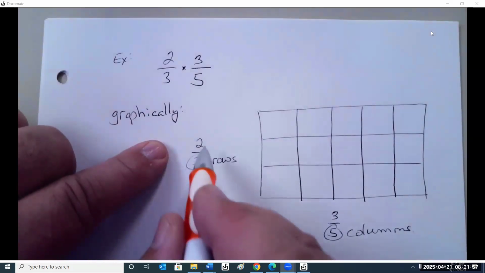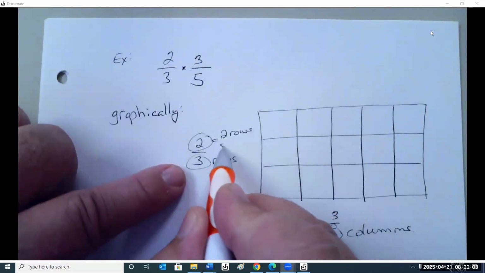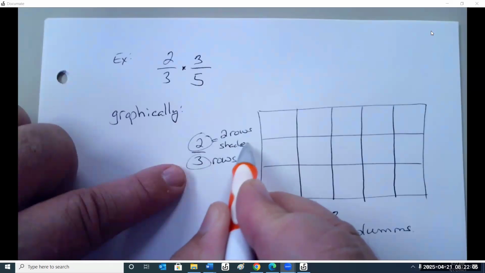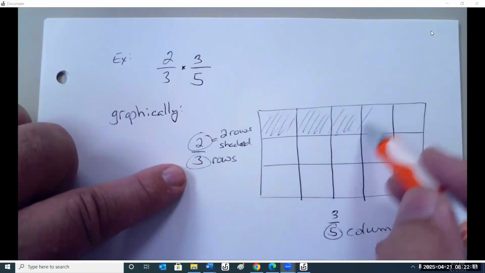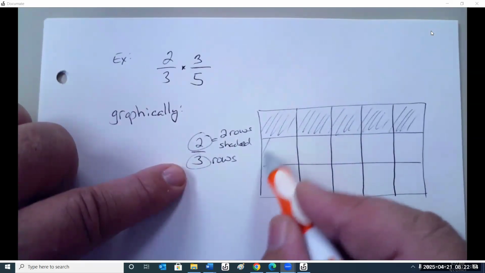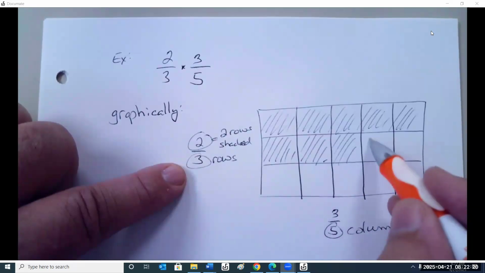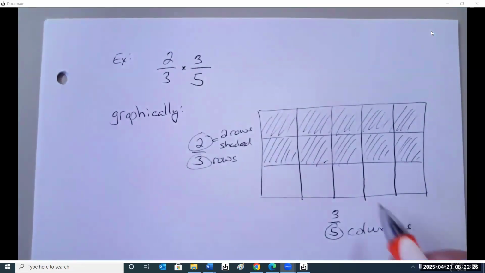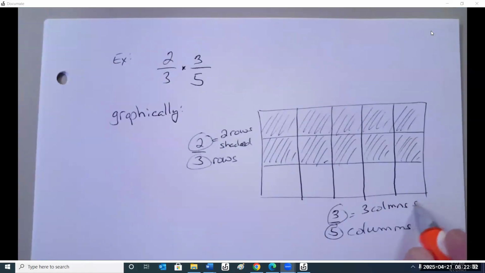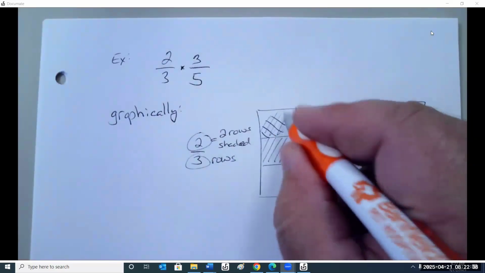For this one, we know we have 2 rows shaded. And out of those, we have 3 columns shaded. So we'll use those in the opposite direction.